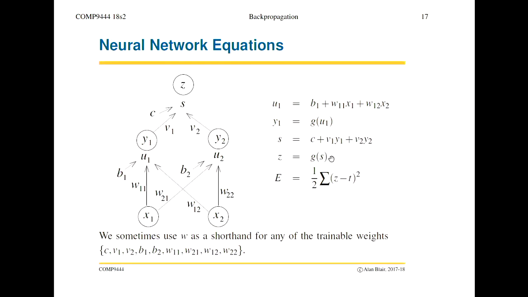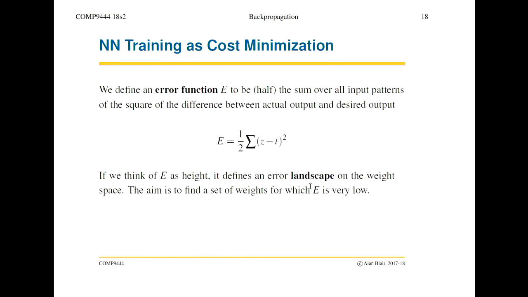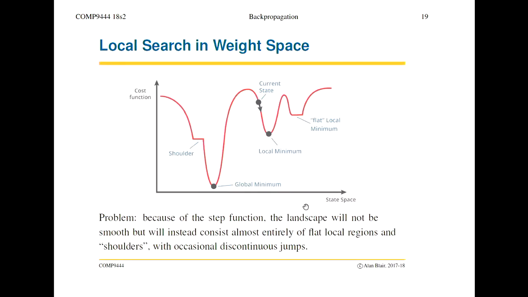Okay, so we can think about this as a kind of error landscape. Remember, we've got 9 weights that we can adjust, so it's like we're moving around in a 9-dimensional space.